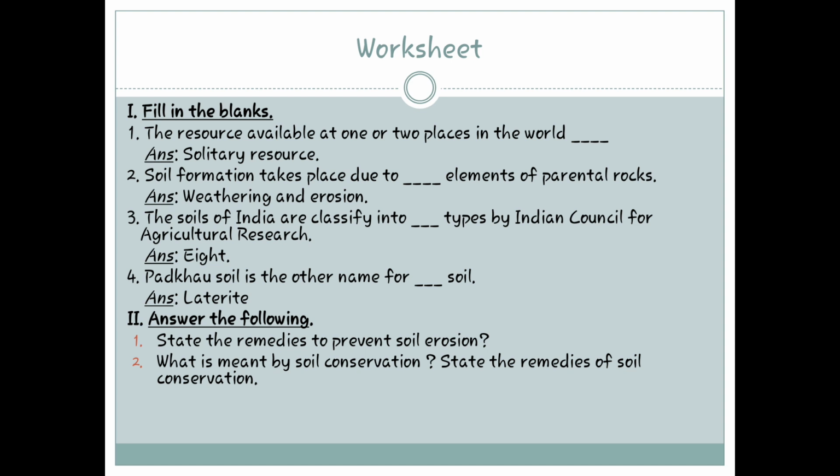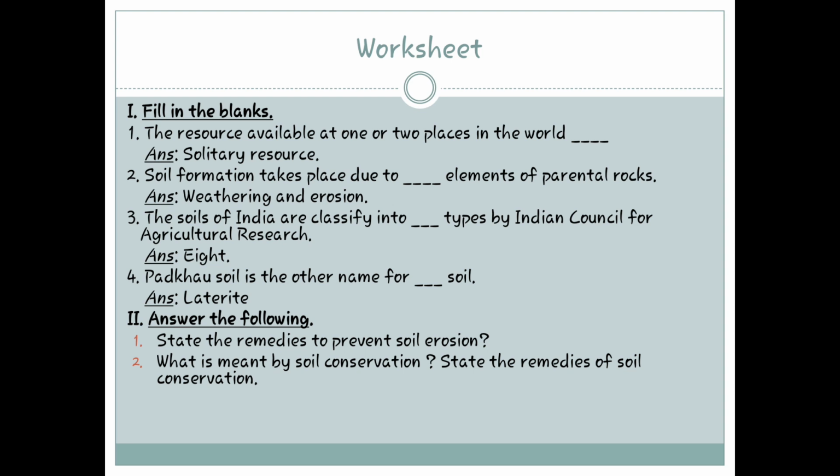Now we are moving to the worksheet. Fill in the blanks. The resources available at one or two places in the world are called solitary resources. Second one, soil formation takes place due to dash elements of parental rocks, weathering and erosion.